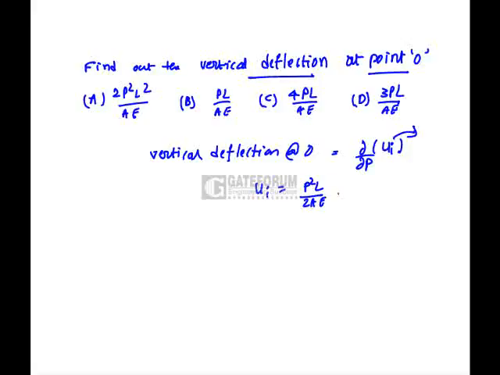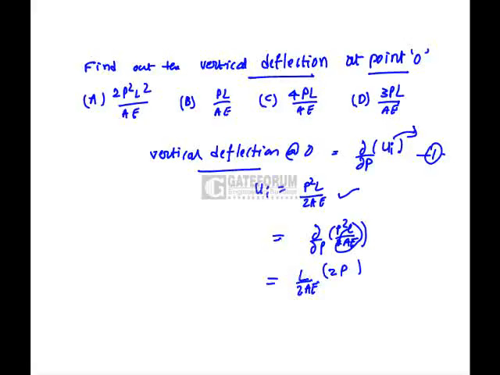By substituting this value in equation 1, we get the vertical deflection at O, that is equal to dou by dou P of P square L by 2AE. Except P, the remaining things are constant. So L by 2AE into 2P is equal to PL by AE. Option B is correct.